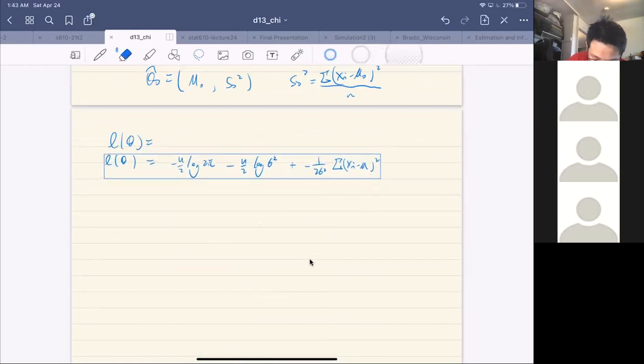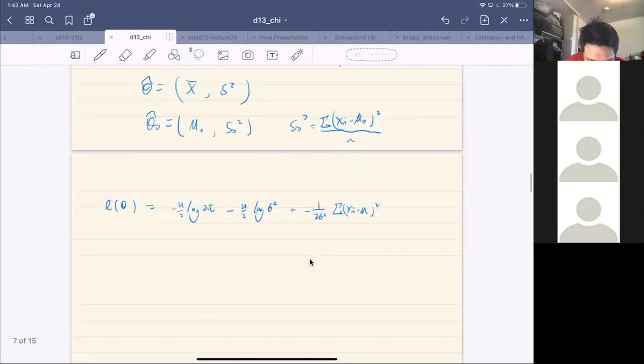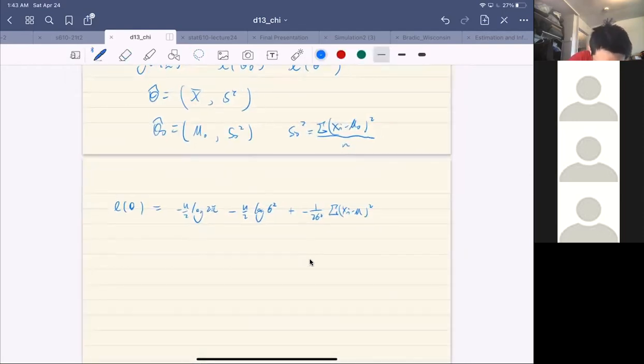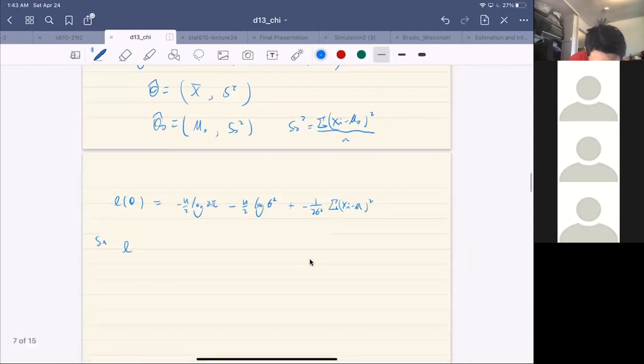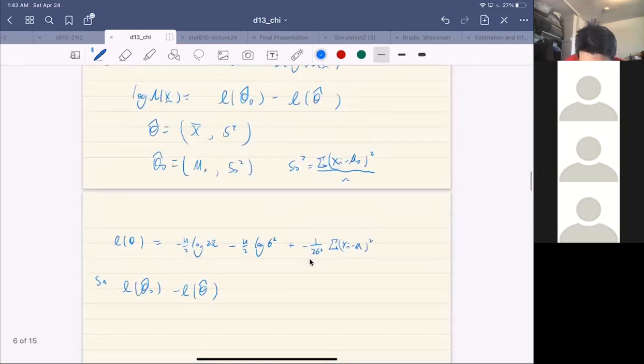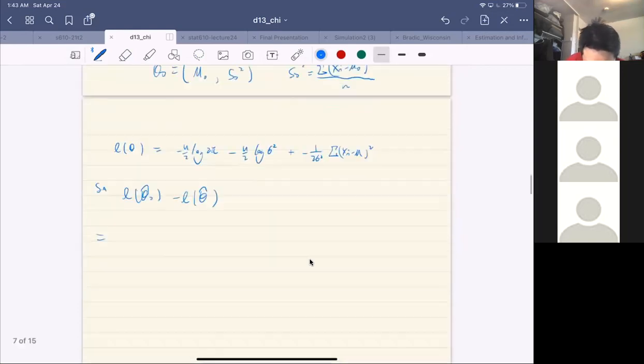Okay, this is L theta. So L theta hat zero minus L theta hat is equal to this.